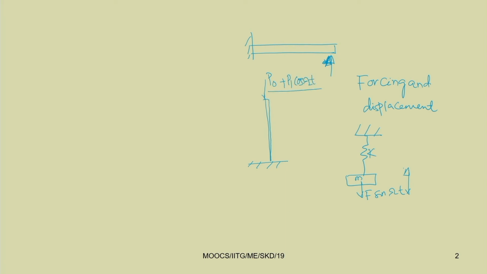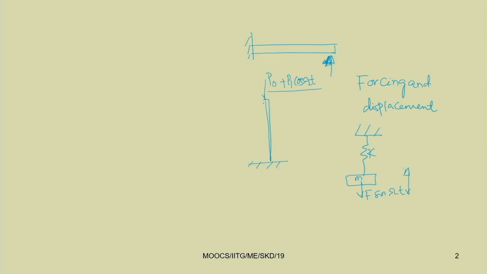In this column, you already know about the Euler buckling load. In the static case, if you are applying a constant force, then when it exceeds the Euler buckling load, the cantilever beam will start to buckle, but at this end there will be 0 slope.